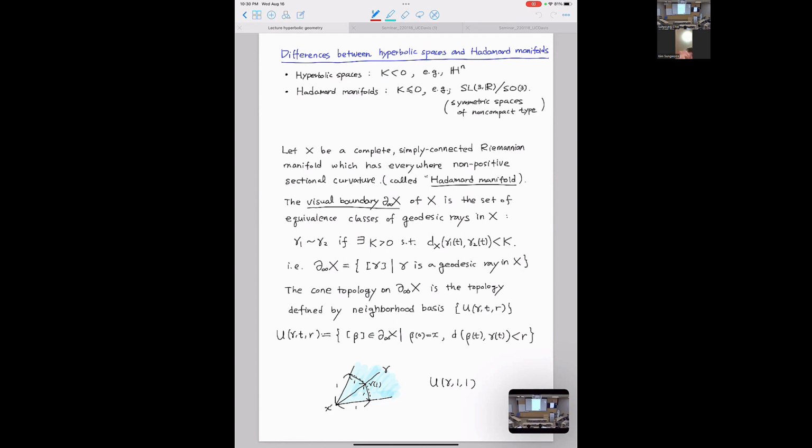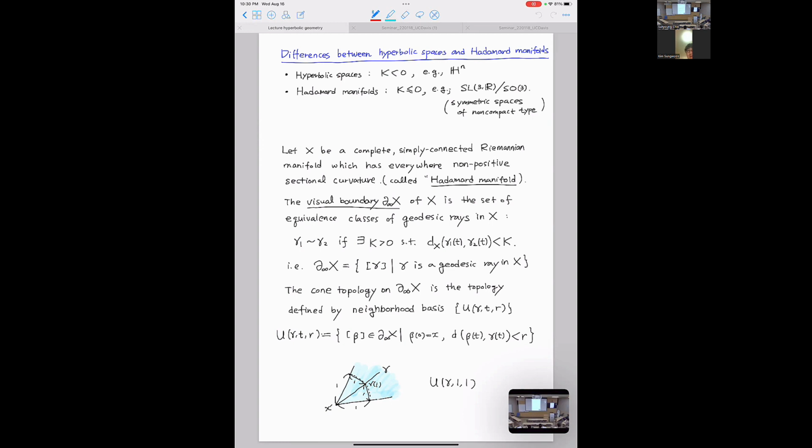First, what is a Hadamard manifold? A Hadamard manifold is a complete, simply connected Riemannian manifold with everywhere non-positive sectional curvature. Actually, hyperbolic space is also a Hadamard manifold, but Hadamard manifolds allow the sectional curvature to be zero.